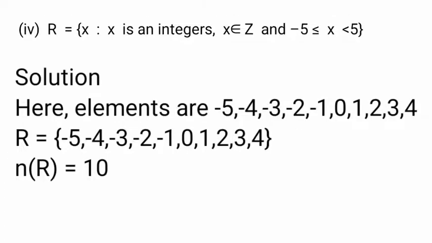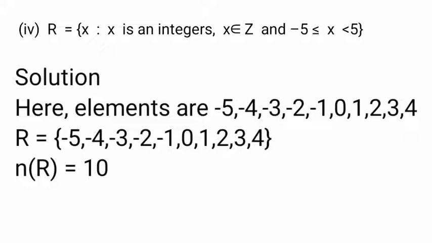Okay. Fourth one, R equals the set of x such that x is an integer, x belongs to Z and minus 5 less than or equal to x less than 5. That means we write the values from minus 5 to 4. Z means integers. Solution: here the elements are minus 5, minus 4, minus 3, minus 2, minus 1, 0, 1, 2, 3, 4, because these are integers.